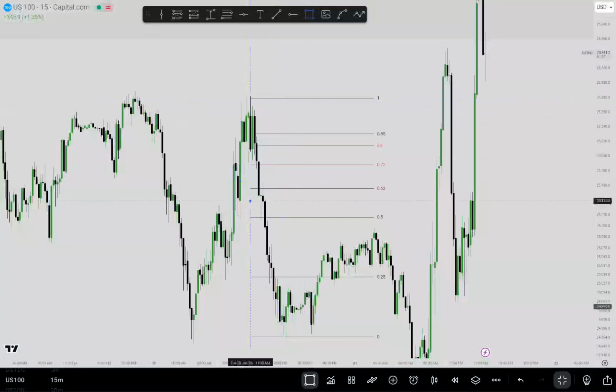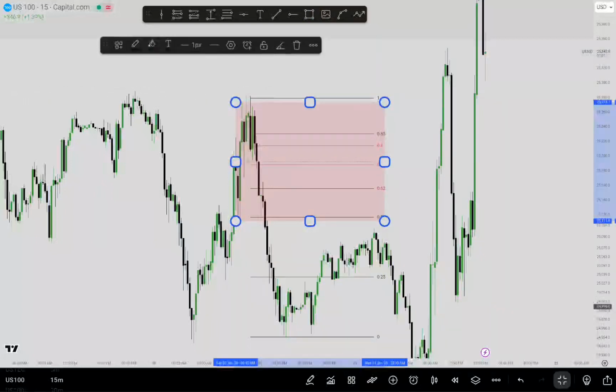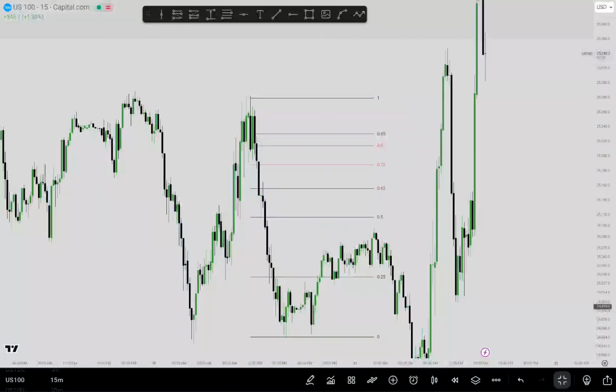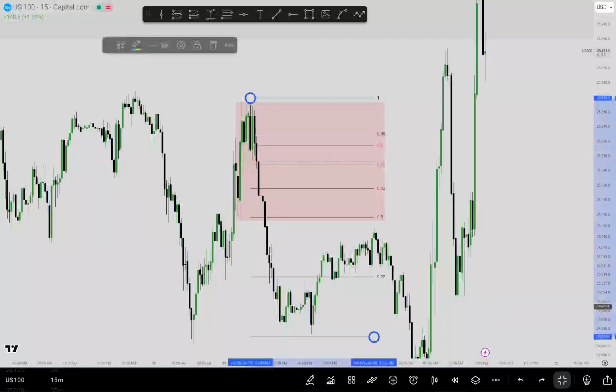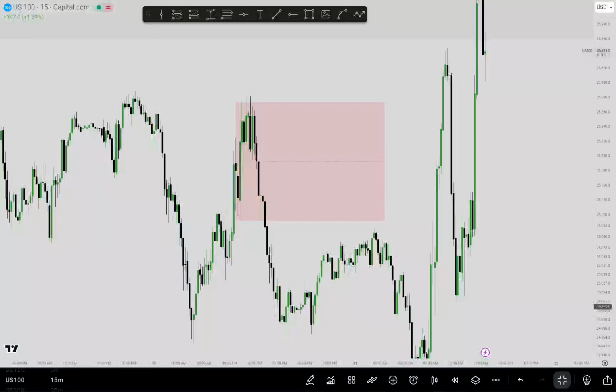We don't really need to retrace into this level. Now, this is an advanced way of trading whereby you sell the market or buy the market when it is not at discount or premium. So I observed that we don't really need to retrace into that.